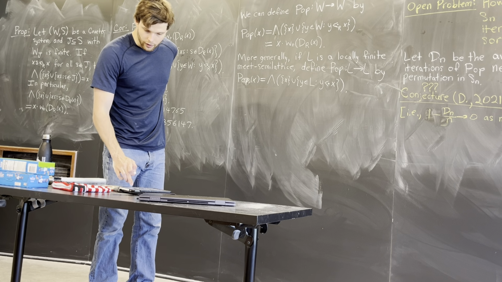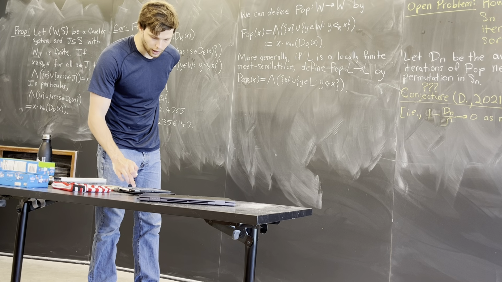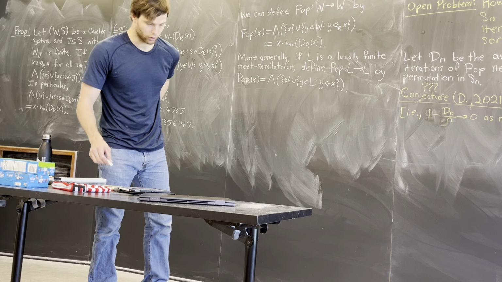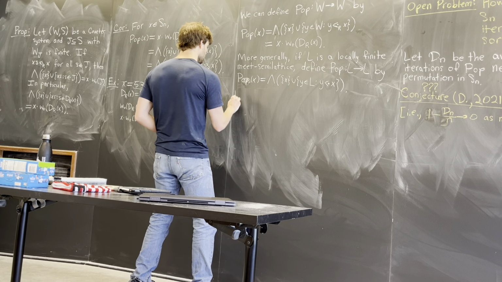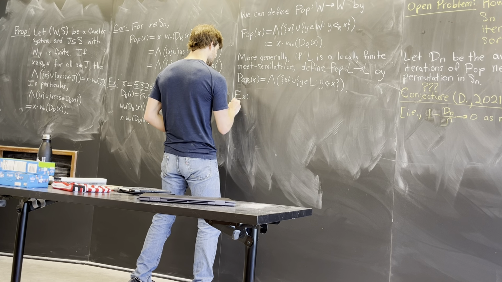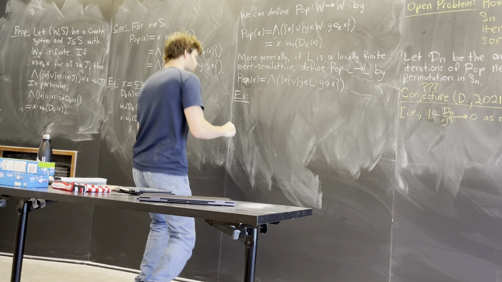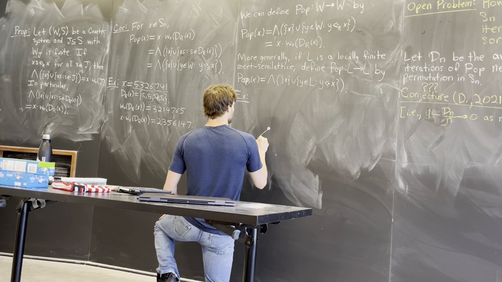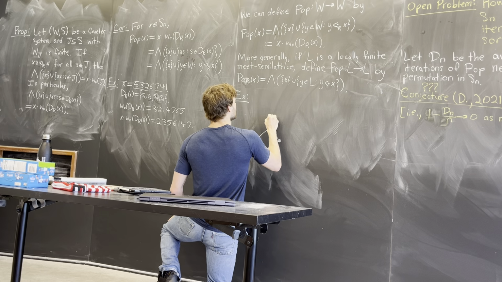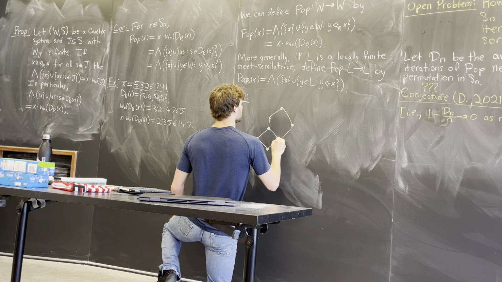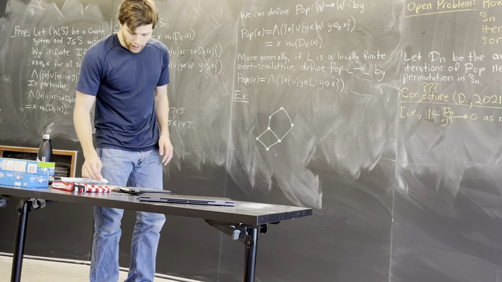Let me give an example of this. I guess I'm almost out of time. Okay, so here's an example. I'll just draw a lattice. So there's some lattice, and I can draw what pop is doing to it.